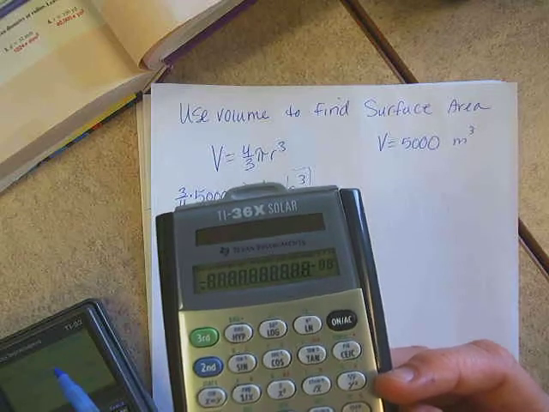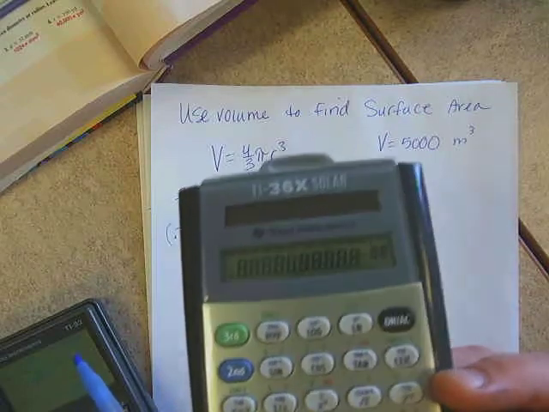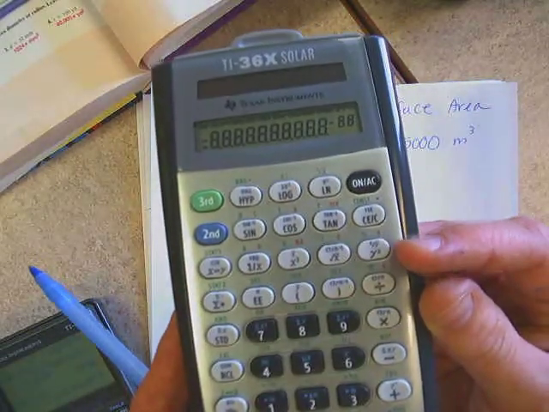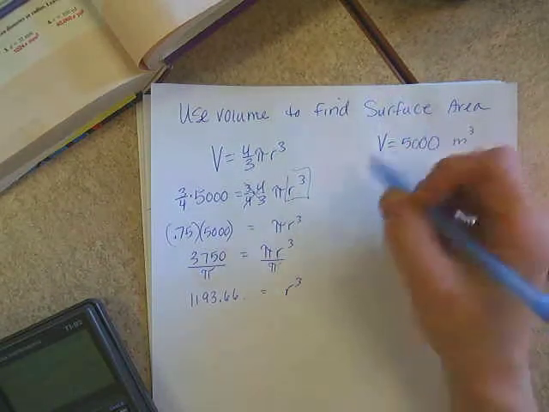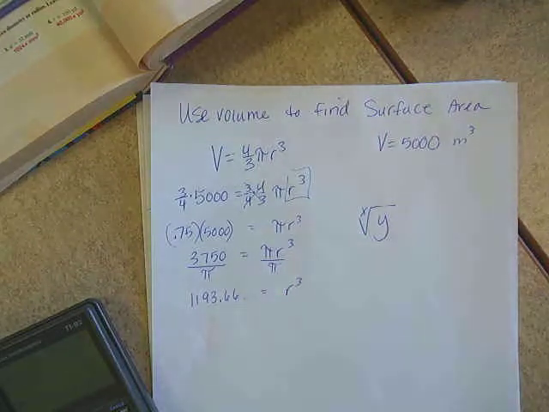Do you guys see right here? Above the exponent key, I have a little radical. It's got x radical y. That is your root key. Okay, it's right above the exponent key. So it looks like this.